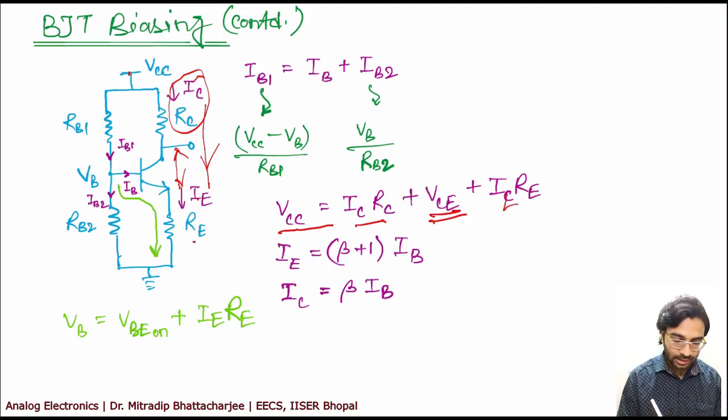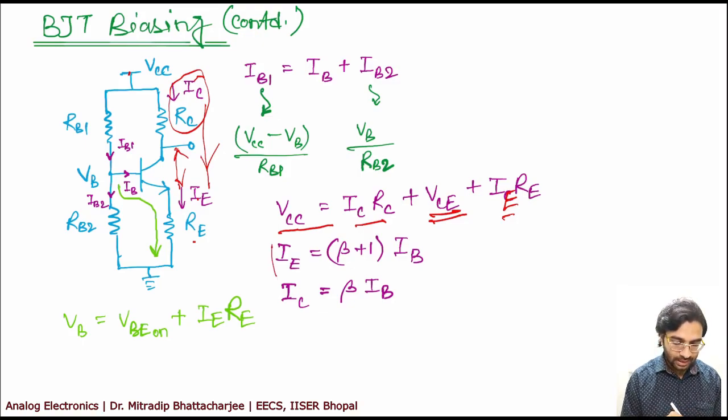Sorry, this will be IE into RE. Sorry for that. So VCC is equal to IC into RC, then VCE, and then IE into RE.